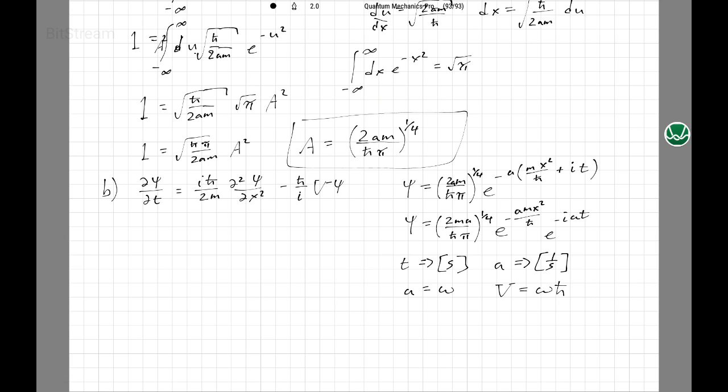I have this negative h bar i out there for a reason. We will see explicitly with the math when we do separation of variables. But what I have is that my exponential to the negative h bar over i V t.